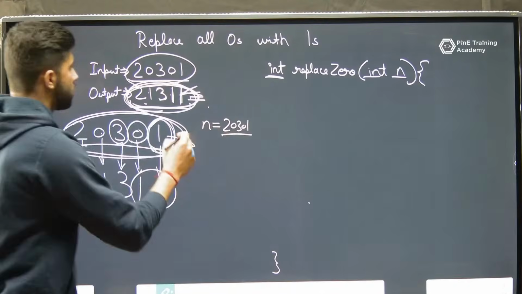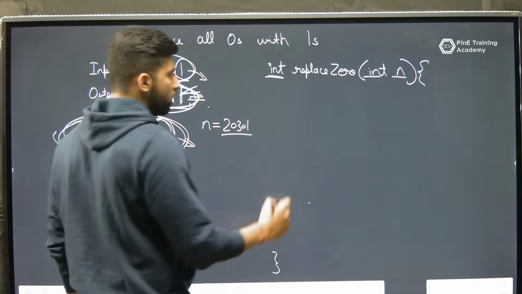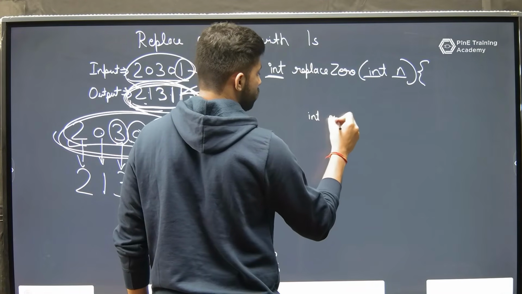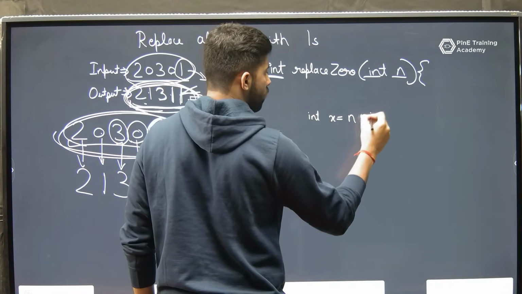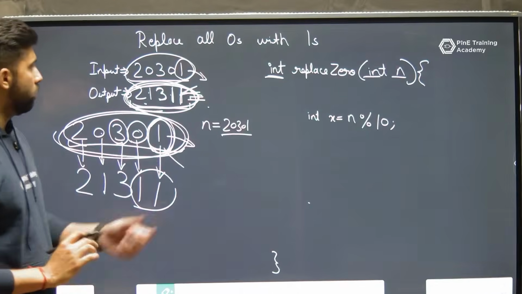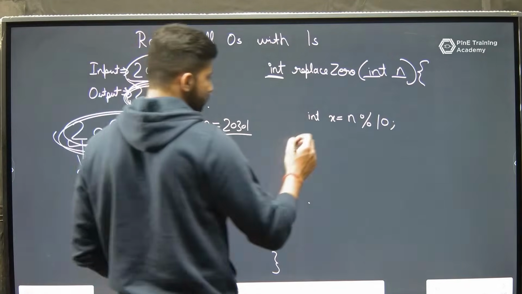What we need to do is, we need to first separate this particular number. We get the last digit in the x every time.